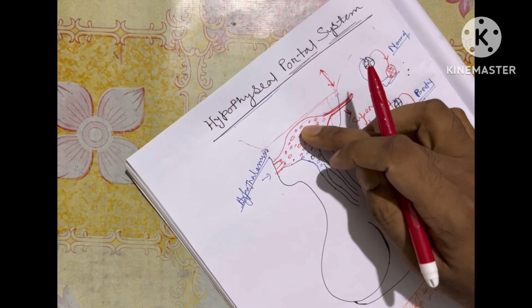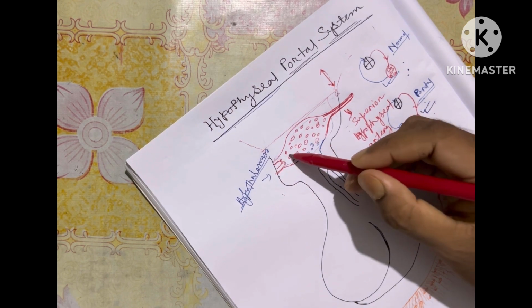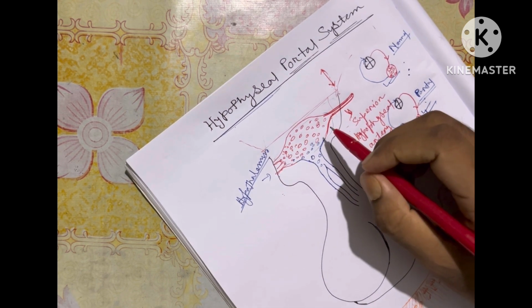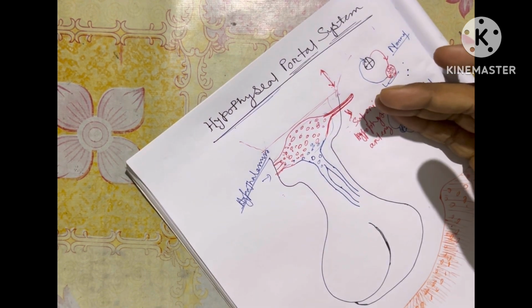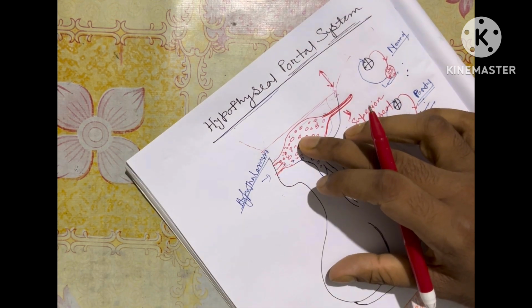It gives blood circulation to our hypothalamus, and it also receives the hormones secreted by the hypothalamus, whether inhibitory hormones or stimulating hormones. So it depends upon the type of hormone.